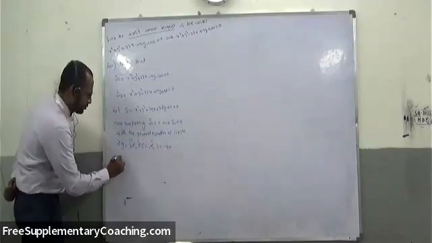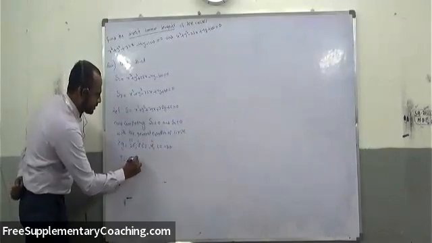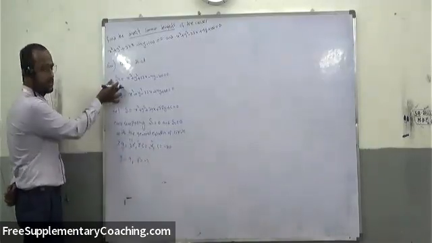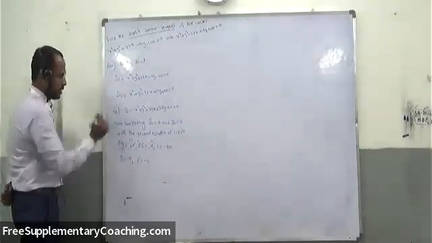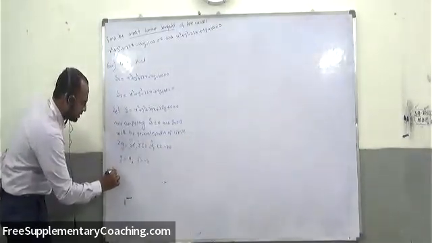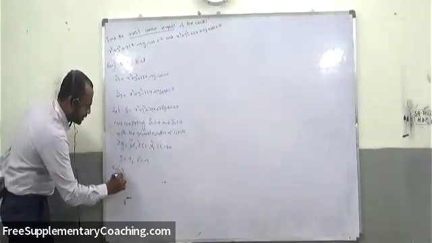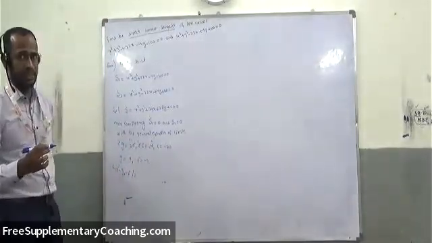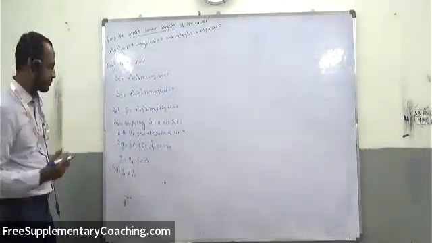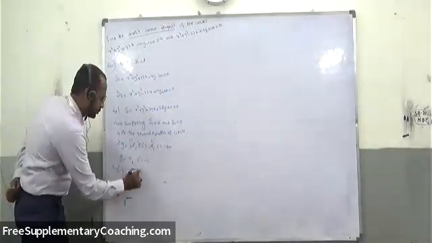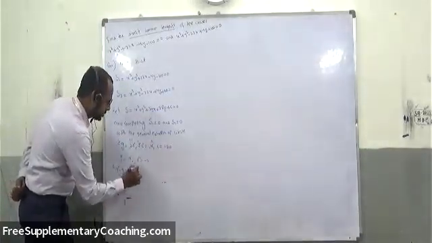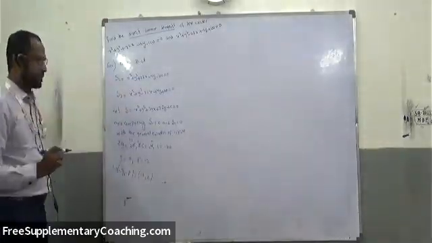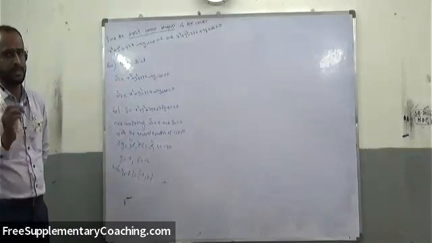What we are having now, g is equal to 11, f is equal to minus 2. We are finding the center for the first circle, so we represent this as c1, minus g comma minus f. This is the formula for the center of a circle, that is minus g and minus f. So this is equal to minus 11 comma plus 2. We got the center of the first circle.